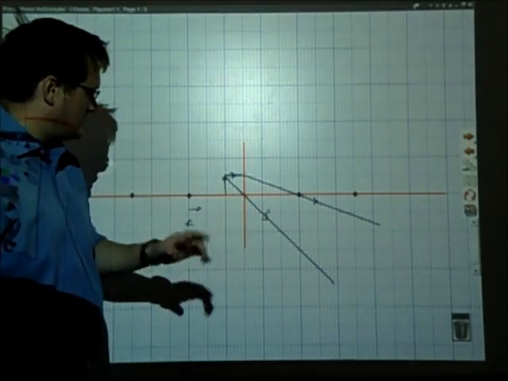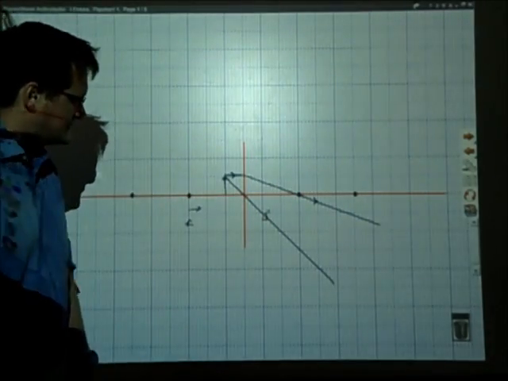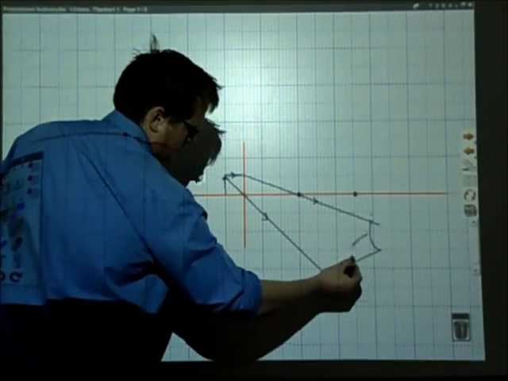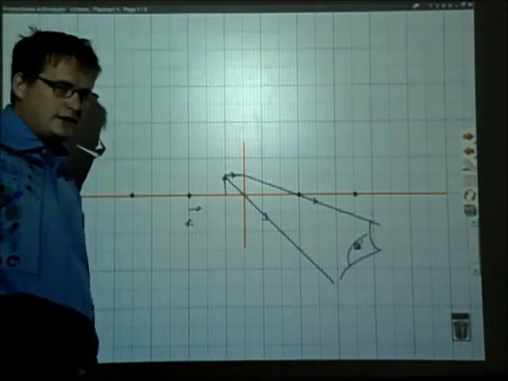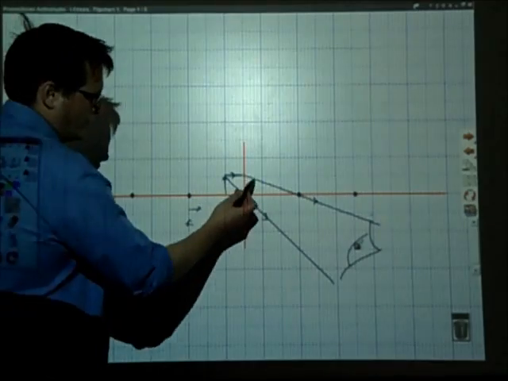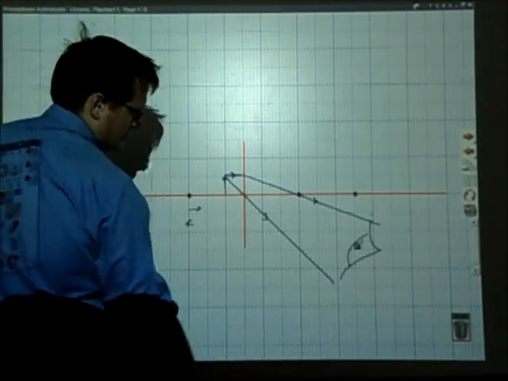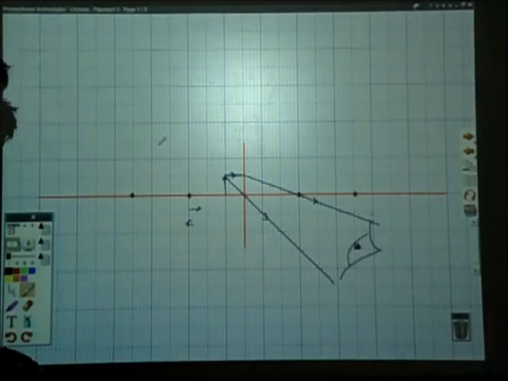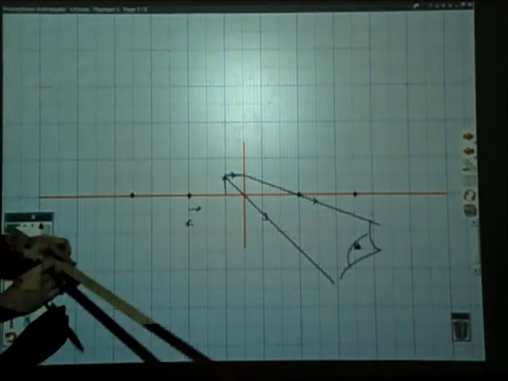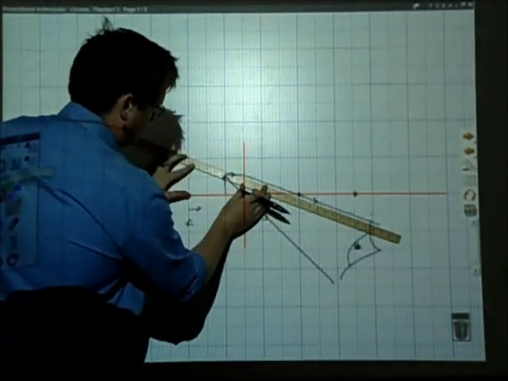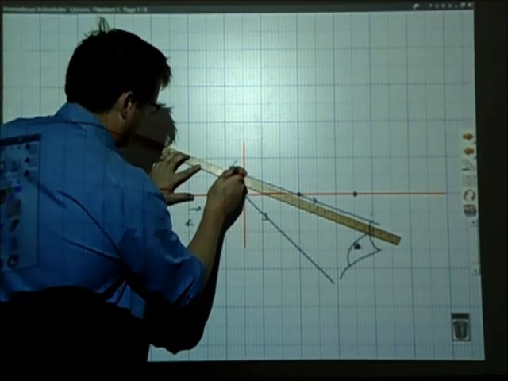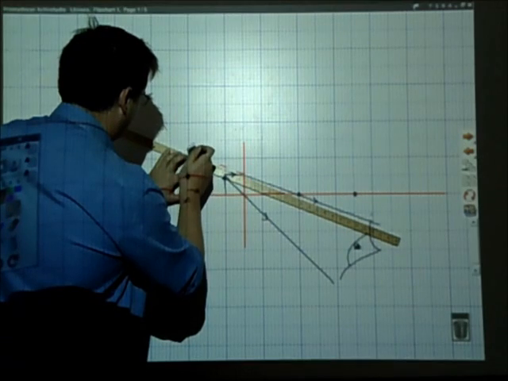But crucially, and this is the important part, if I was to put my eye here, okay, I would actually see an image if you think about it, because look at the way these rays are coming. They look as if they're originating from a point back here. So what I'm going to do is extrapolate my rays backwards, okay, as if to show where they are coming from.